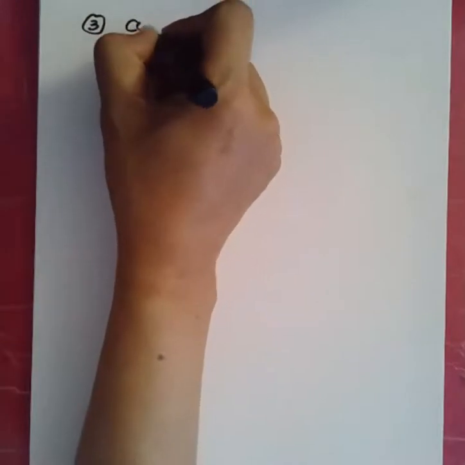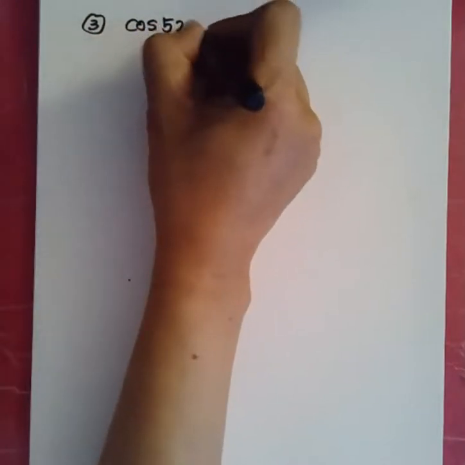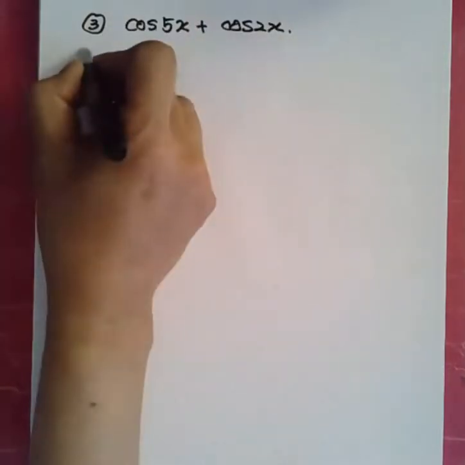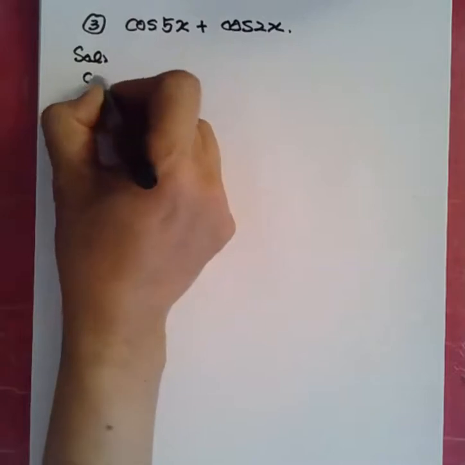The third problem is cosine of 5x plus cosine of 2x.